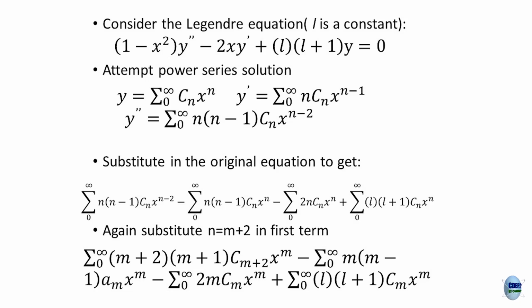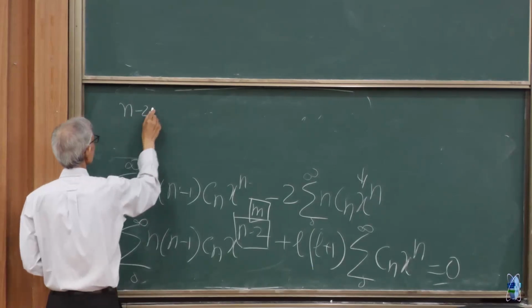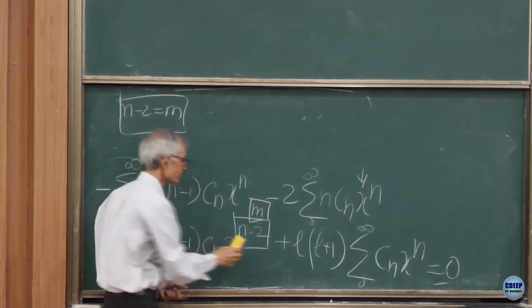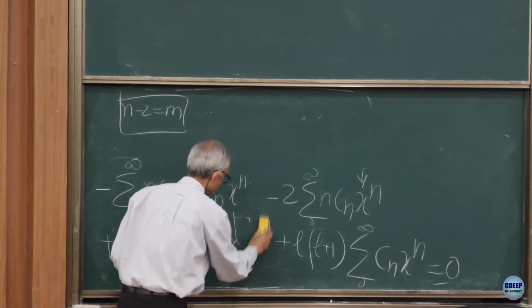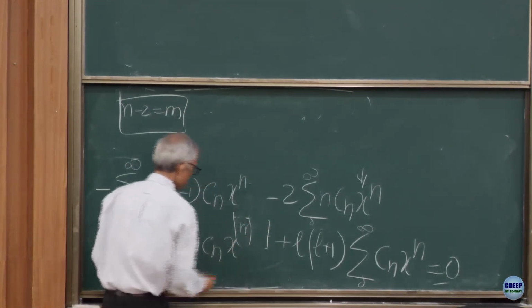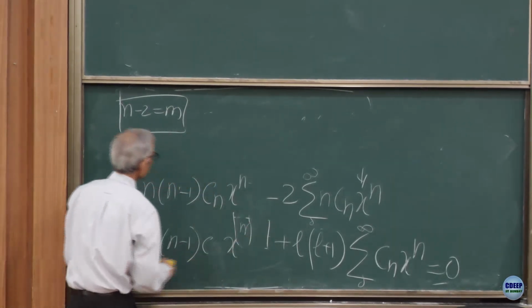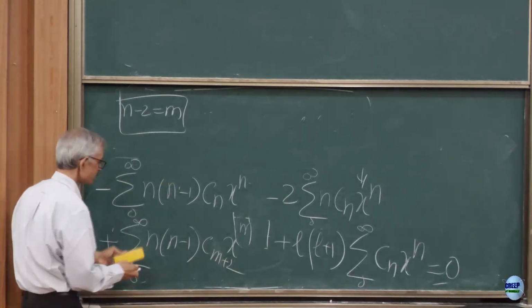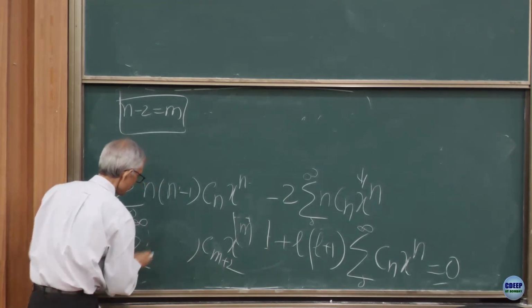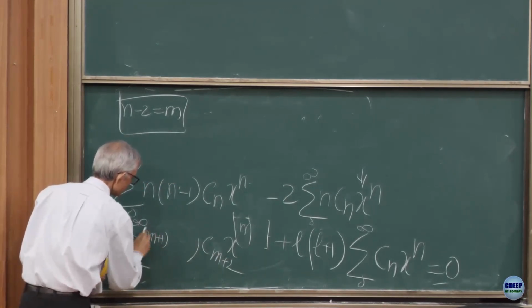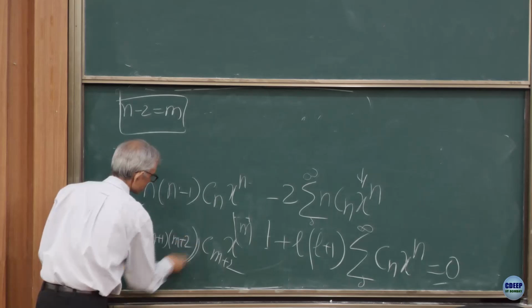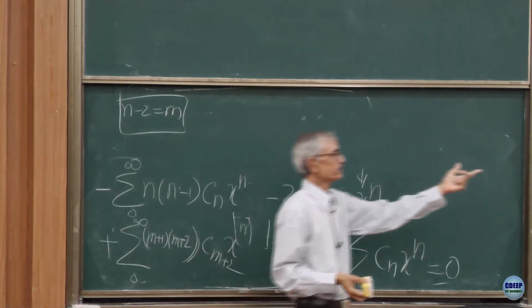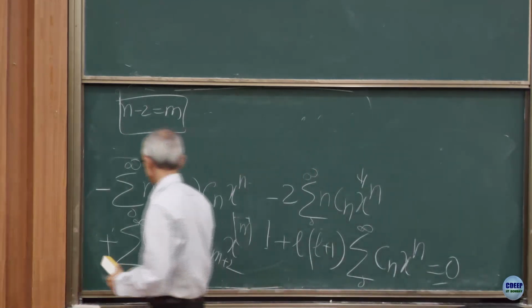We said that we are going to put n minus 2 equal to m, so this guy becomes m, this guy becomes m plus 2, this guy becomes m plus 1, m plus 2.